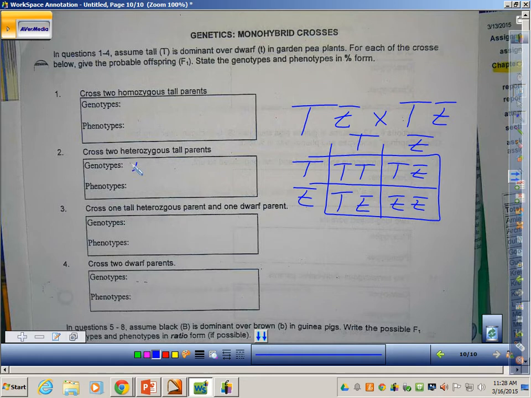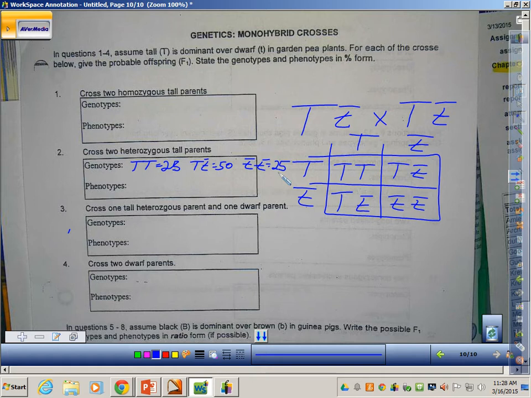First one, big T, big T. How many percentage of the time? 25. What's the next one? Big T, little t, 50%, right? And then the last one is what? Little t, little t, and that's 25% of the time.